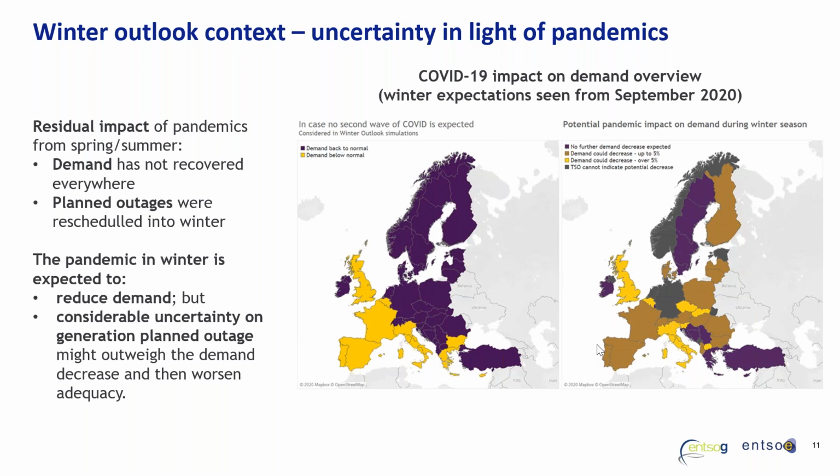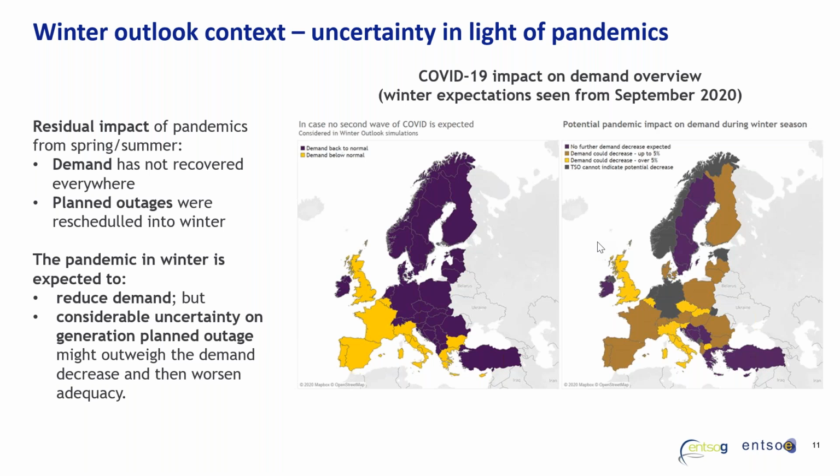The yellow countries indicate that the demand was probably recovering, however, it didn't reach the normal levels yet. As an example, it is the French system, which we see in yellow, which says that the demand is still under the normal levels observed for many years. And this kind of information we have used in our simulation, so all the adequacy results which we saw refer to these assumptions.